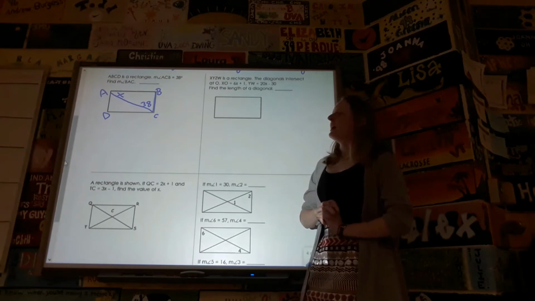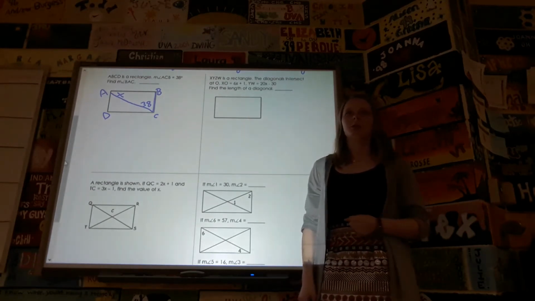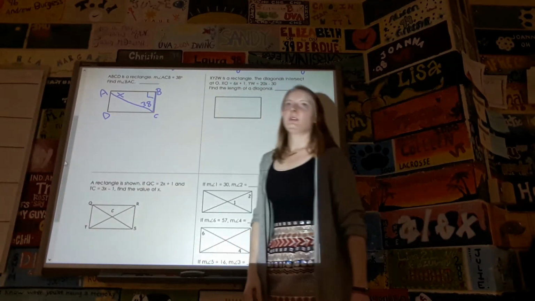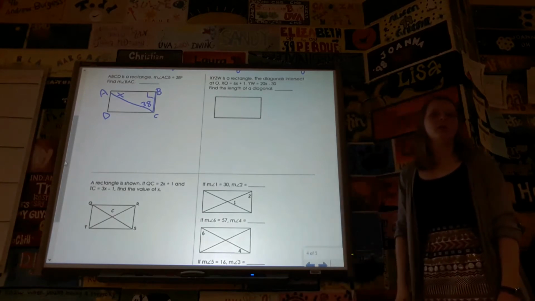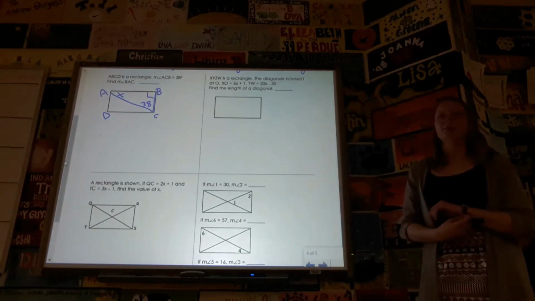All right, how do you think I would find that angle marked with an X? What's something else I would need to add to the picture using the fact that it's a rectangle? Right angle, maybe? How would that help? I have to find the X angle.